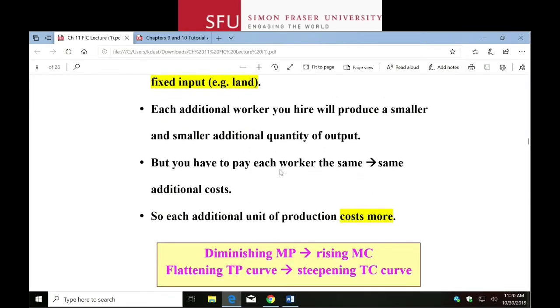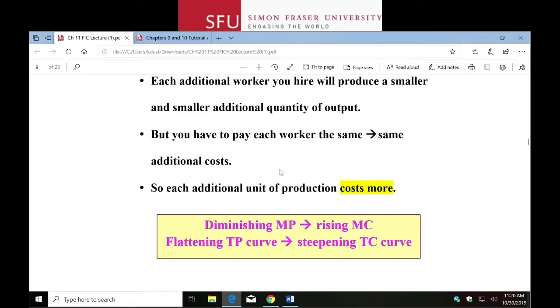Okay, and so then last thing here is just, again, emphasizing the relationship between the two, which is an inverse relationship. So because the marginal product is diminishing, then the marginal costs are rising, so they're going to go in opposite directions.